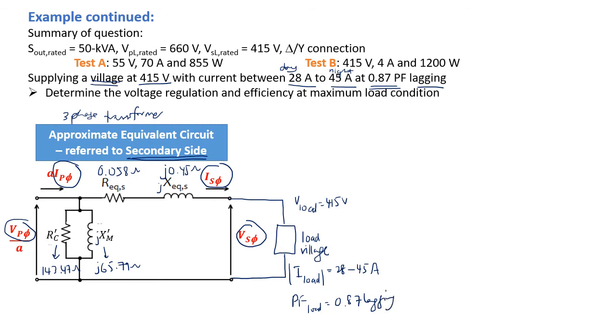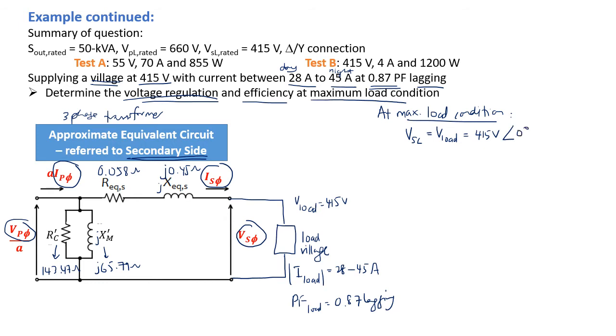What they want is to find the voltage regulation and efficiency at maximum load. So let's look at the maximum load condition. At maximum load, the voltage Vs line will equal the V load, which is 415 volts at an angle of 0 degrees. The voltage given is always a line voltage at the load, so in order to use the circuit, we need Vs phase.